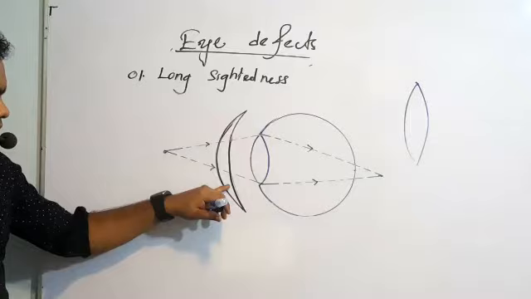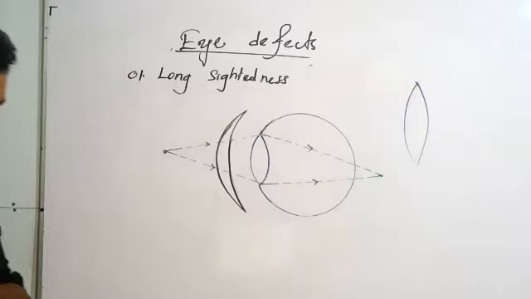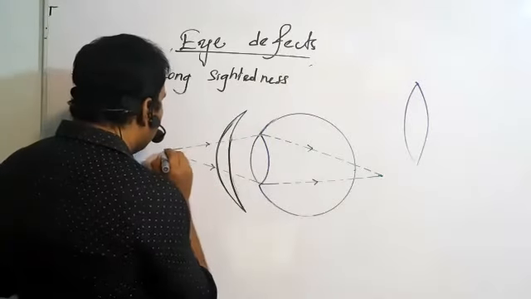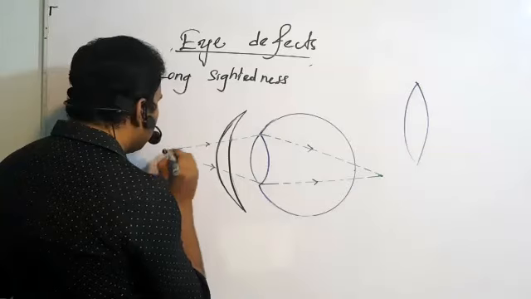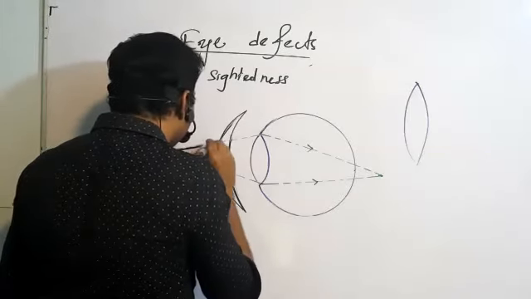We decide that it must be a convex one because the rays have to be converged. Okay, let's see how it happens.